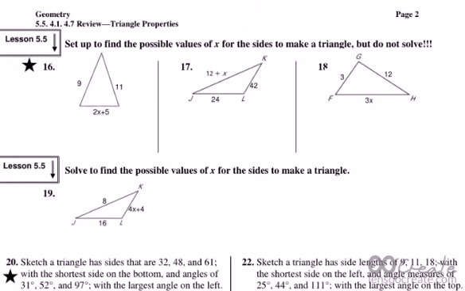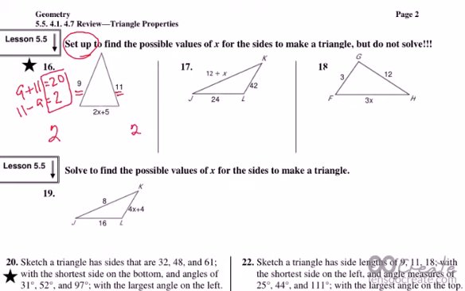Taking that idea and looking at page 2, they just need us to set up the following possible values for x. Again, we're given our two numbers right here and here. We're going to take those two numbers and add them, and we will subtract them. And 2 and 20 is the range.